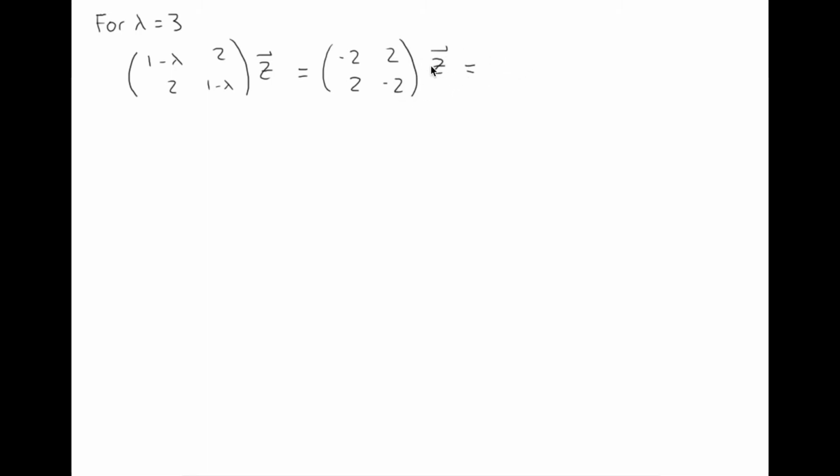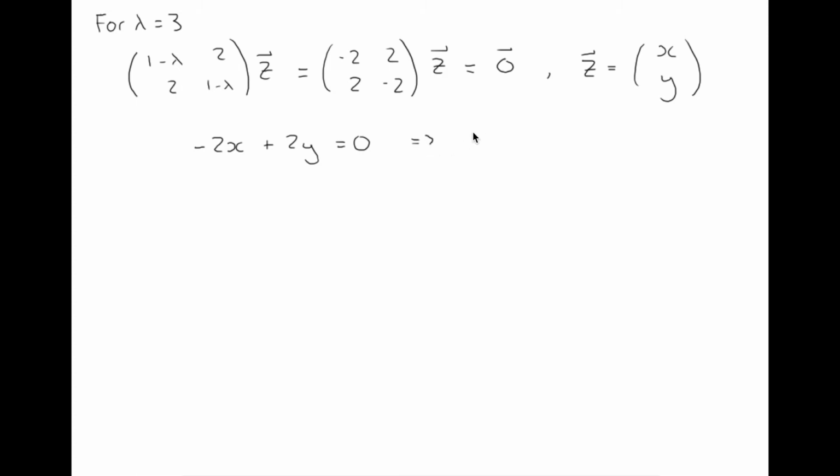And if you remember, this matrix times vector was equal to our 0 vector. We can represent this eigenvector as some z with some x and y component. We then expand out this matrix times vector problem, and we're left with minus 2x plus 2y is equal to 0, and we'll get that for both top and bottom.